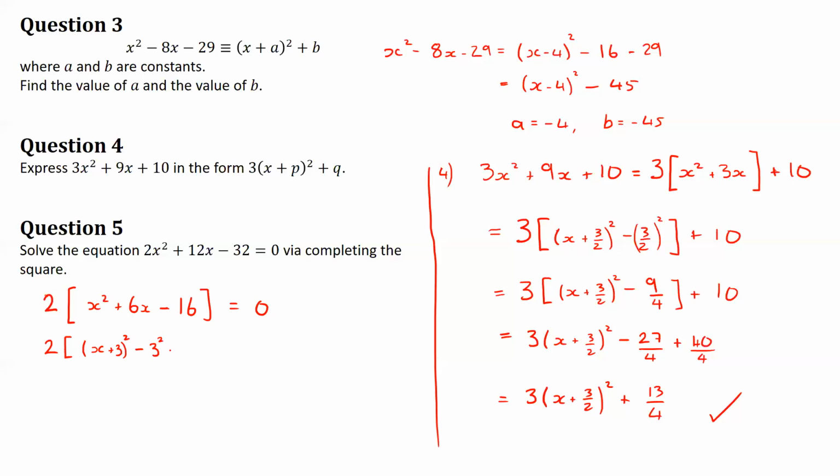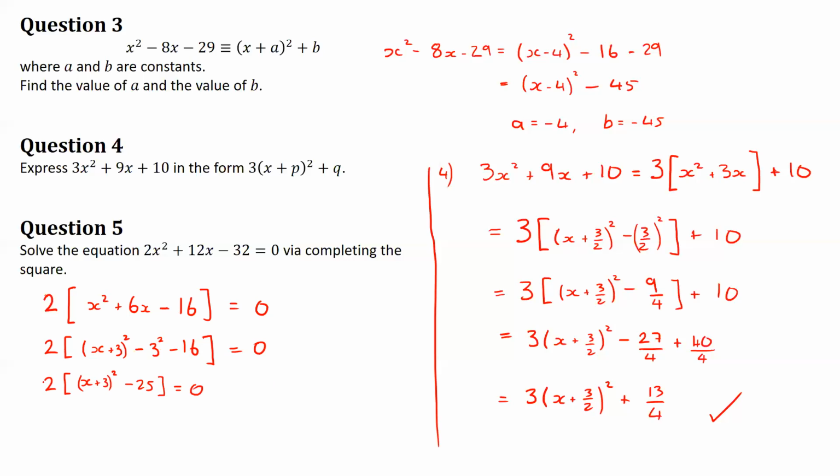And then you've got this minus 16. All of that's still inside that square bracket, and it's equal to 0. Tidy that up a little bit. Sorry, I'm just going a little bit small here. So we've got x plus 3 all squared. Here we've got minus 9 and then minus 16, so that's minus 25. And that's equal to 0.